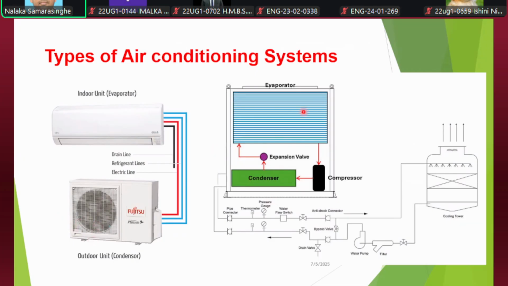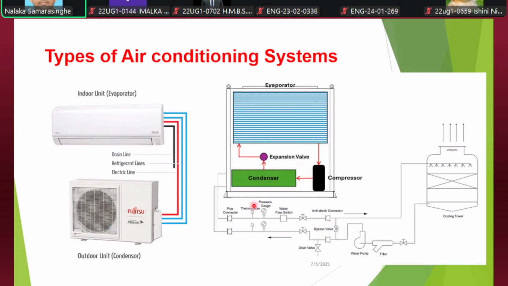Okay? And the next image shows you the package type air conditioning unit. But here I have shown a package type air conditioning unit with water cooling. They also have package type air conditioning systems with air cooling.